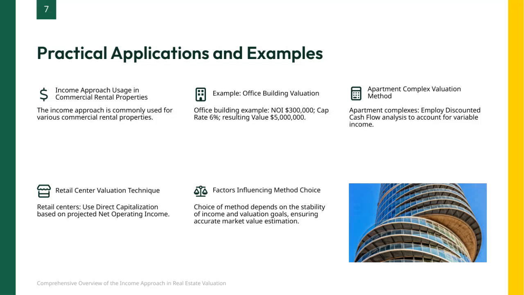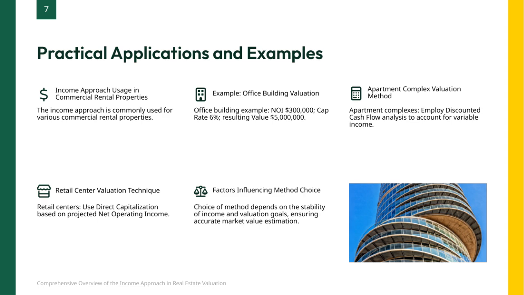When we look at practical applications, the income approach is a go-to method for valuing many types of commercial rental properties. For example, let's consider an office building with a net operating income, or NOI, of $300,000 and a capitalization rate of 6%. By dividing the NOI by the cap rate, we arrive at a property value of $5 million.